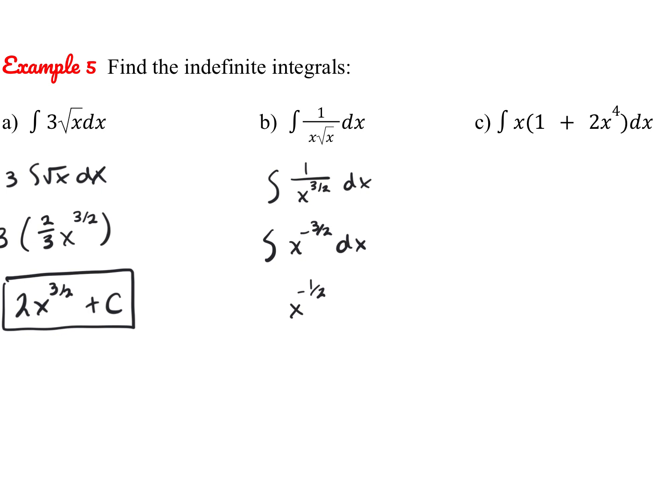And the way to make our coefficient 1 would be to multiply the front by -2. Then we'll have our constant of integration, and let's rewrite it so we don't have any negative exponents. So -2 over square root of x plus c, or you could say over x to the 1/2. Either way is fine.